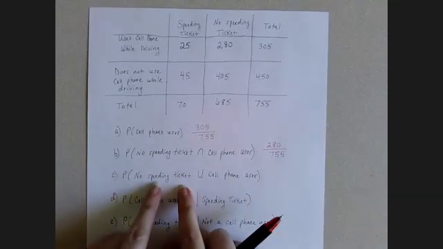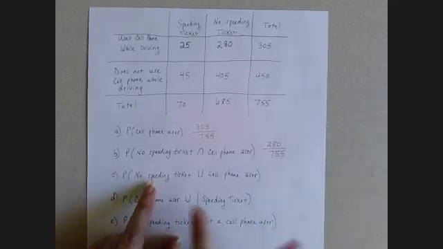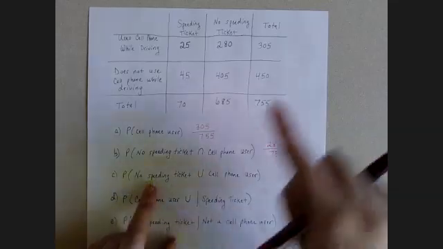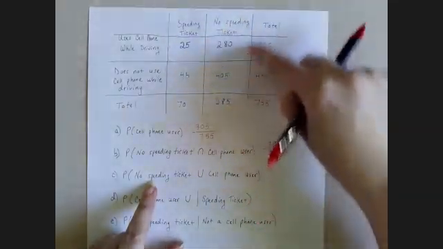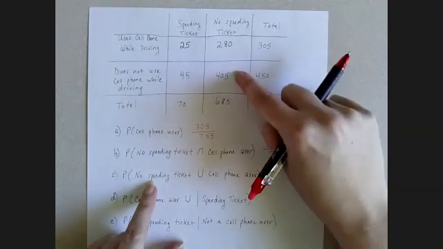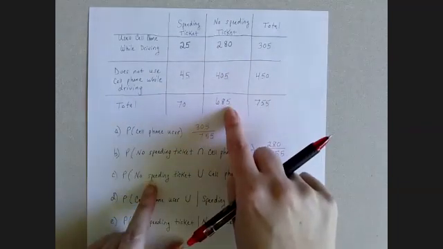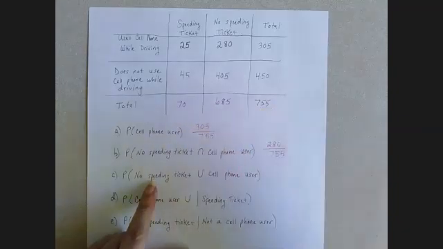So we want to know what's the probability that a person has no speeding ticket. Okay, person has no speeding ticket. We're in this column right here. No speeding ticket is going to be 685 over our total number, 755.